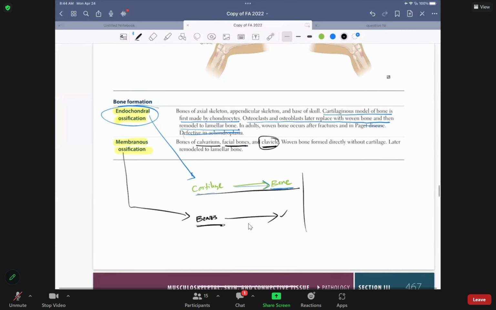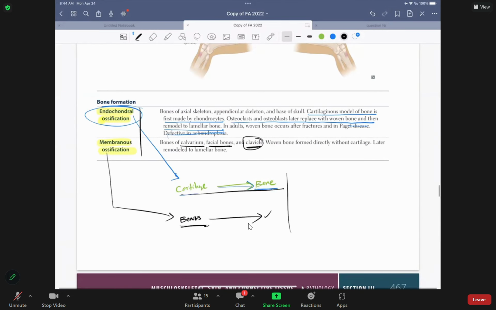So these are the two bone formations. 90% of our human bones are endochondral ossification, but we have the 10% that's membranous ossification. In my opinion, I would remember only those 3 bones, because we know everything else is endochondral ossification. Is that clear, folks?